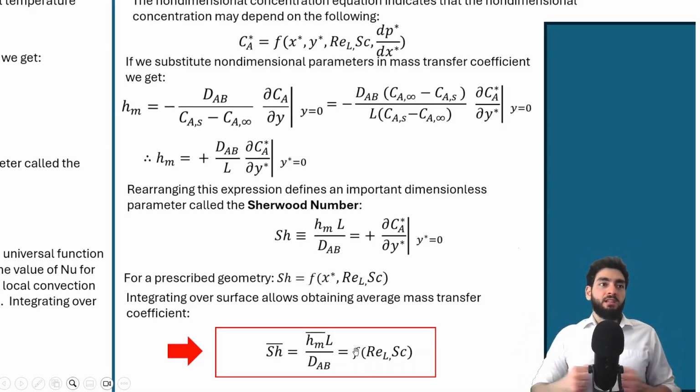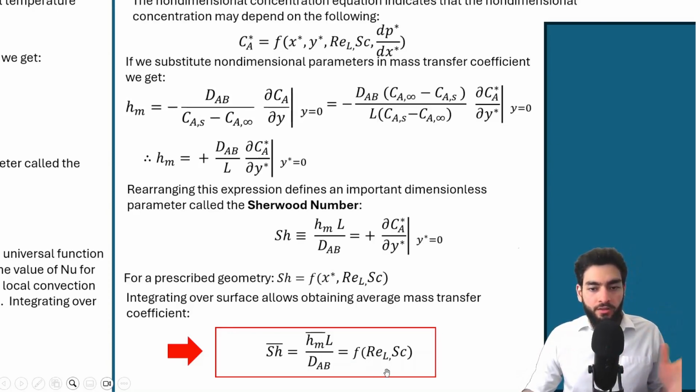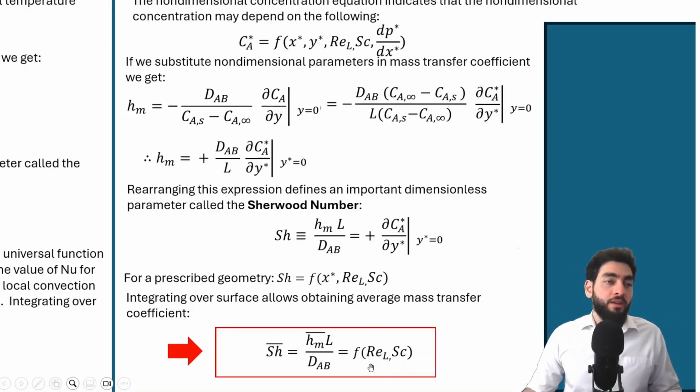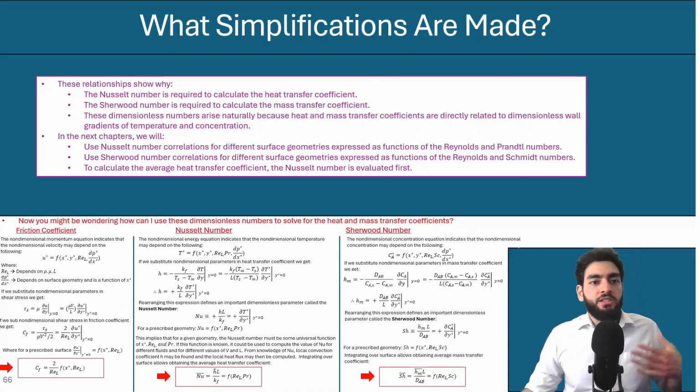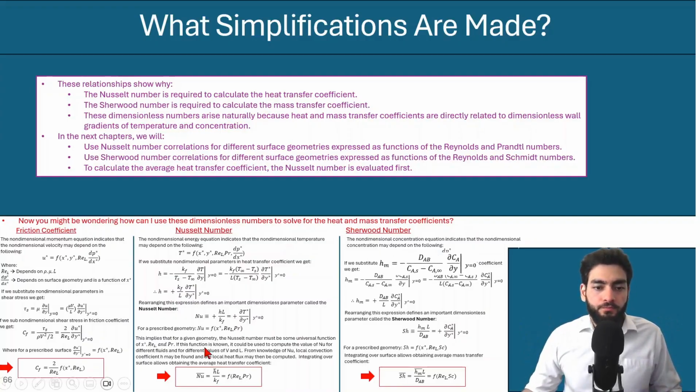Just a heads up: more often than not, if not all the time, the Sherwood number correlation you find online to use will be a function of the Reynolds number and the Schmidt number.